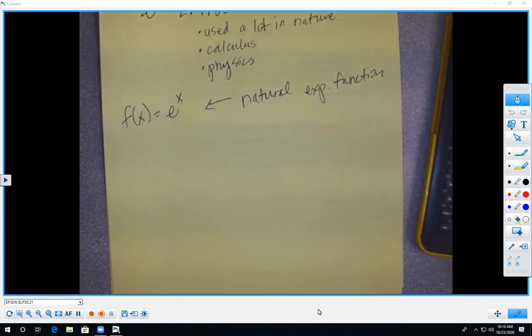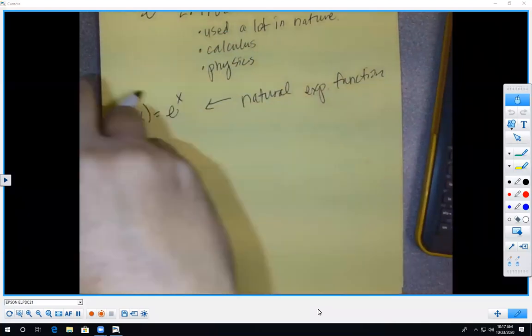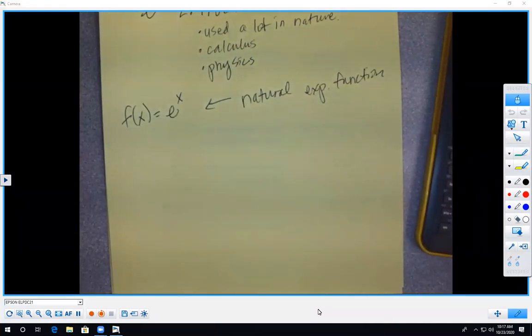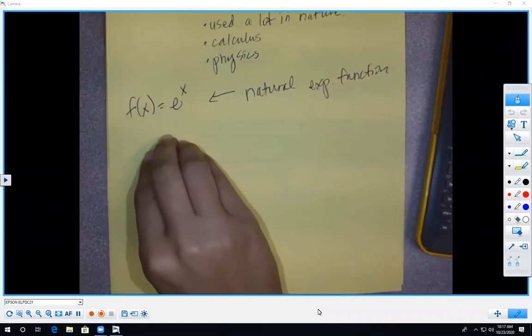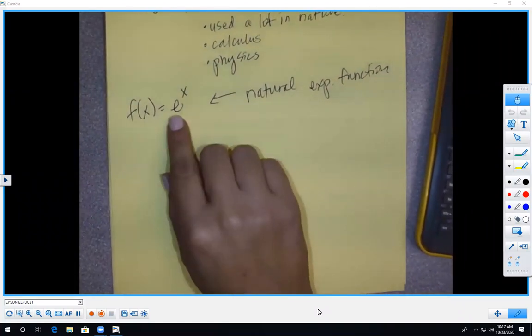If you look at plants, there's tons of videos on YouTube about this, the way that the leaves grow, as a plant grows, the number of leaves is based on this constant. Also, population growth is big time based on this constant. Usually if you have a function for population, you're going to have e in it.